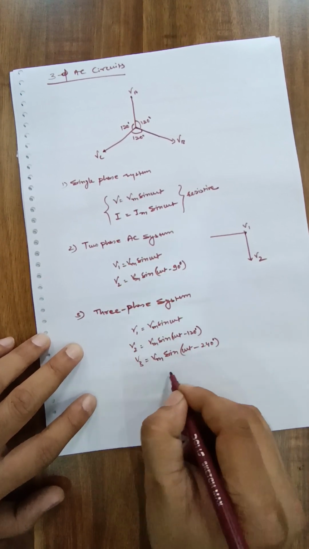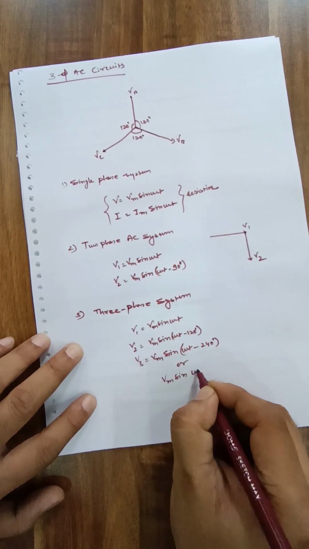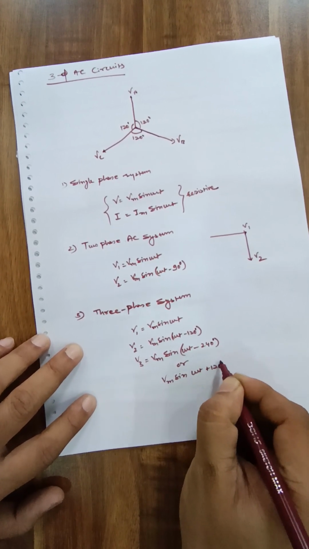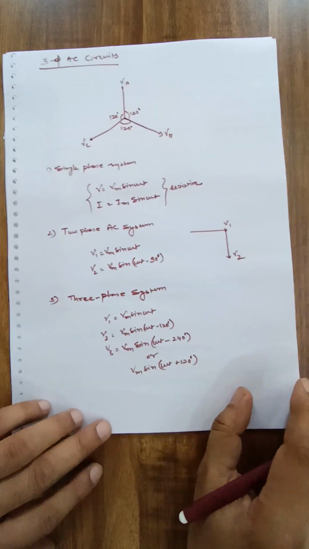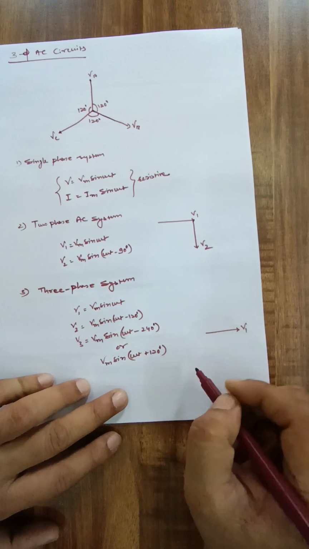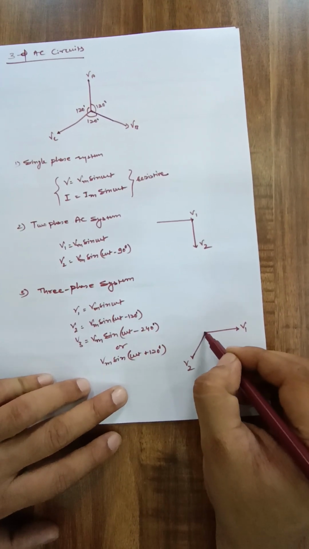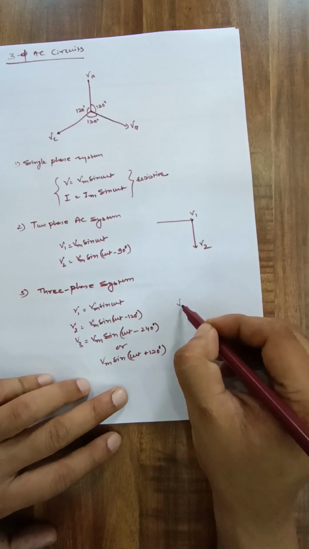Here you can write also Vm sine omega t plus 120 degree. So if I draw the phasor diagram, suppose this is your V1, then this will be your V2 and this will be your V3.